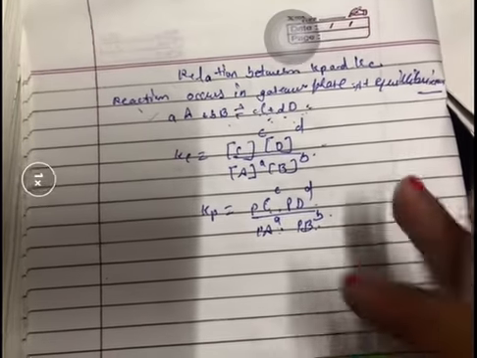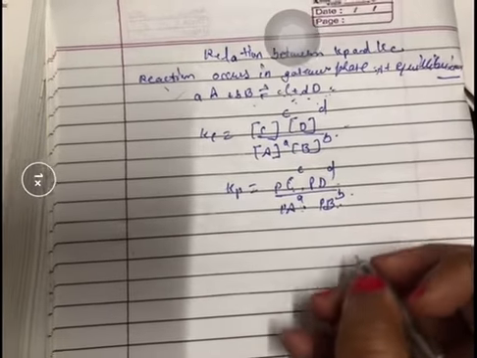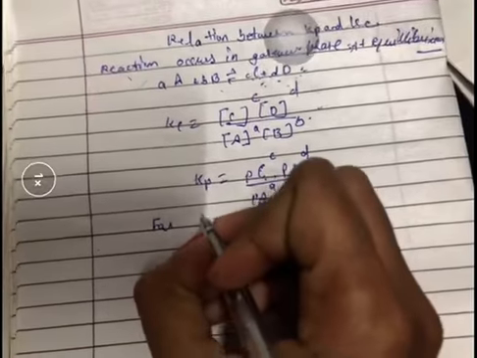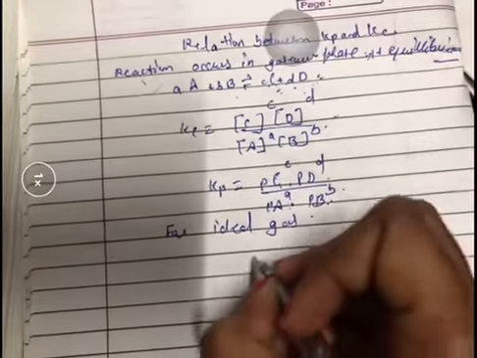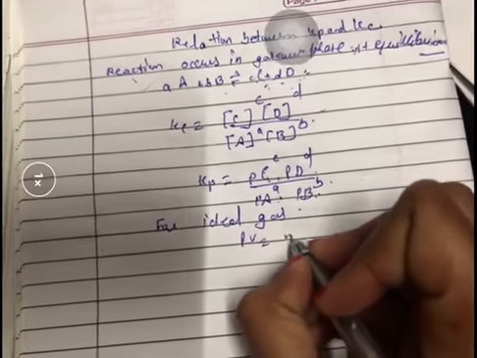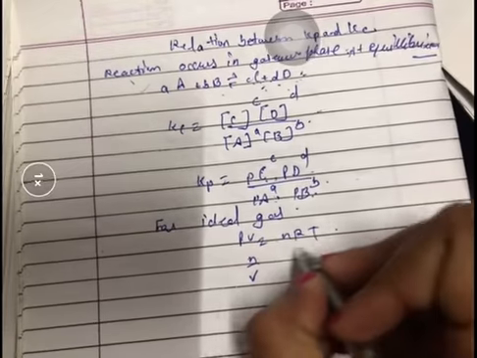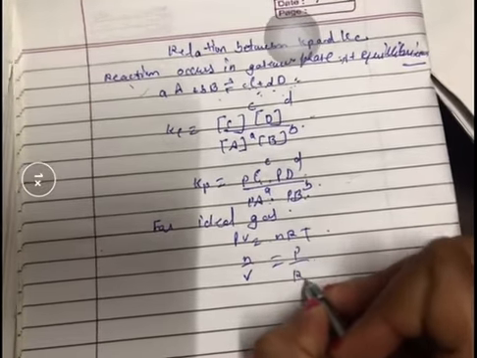Clear? Now, according to the ideal gas equation, if the gas is ideal in nature, I can apply the ideal gas equation PV equals nRT, where n upon V will be equal to P upon RT.